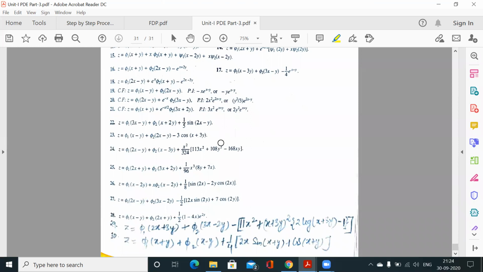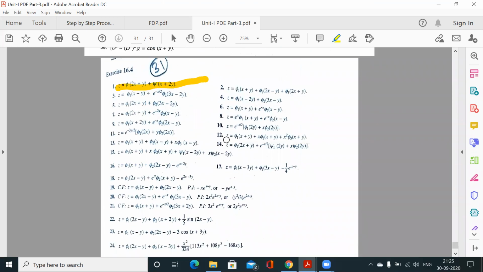So in this way we have covered the first unit. This was the last part in unit 1. So what was there? The first topic was the formulation of PDE, how to make the PDEs. For that we have seen the elimination of arbitrary constants and elimination of arbitrary functions.